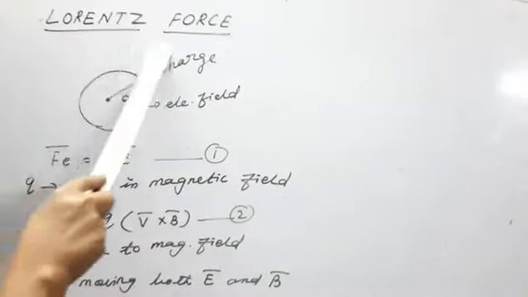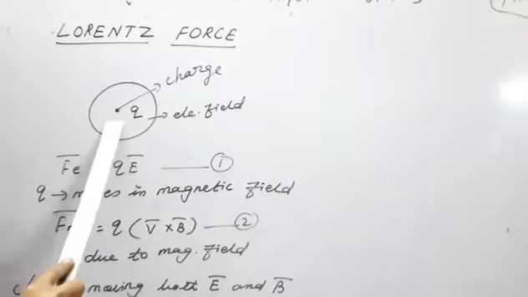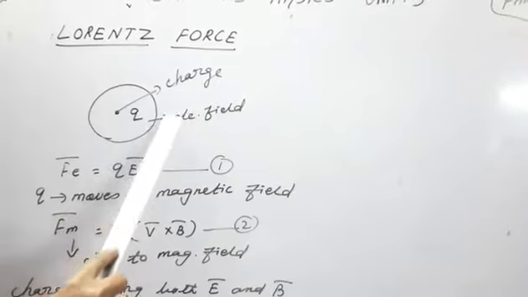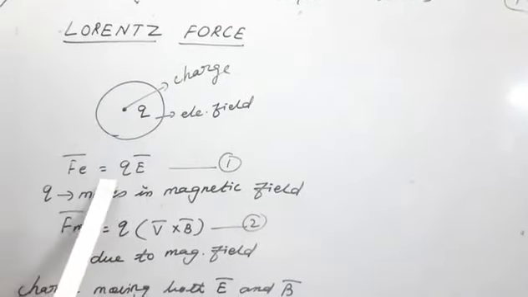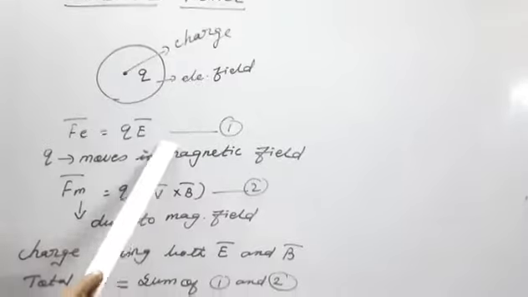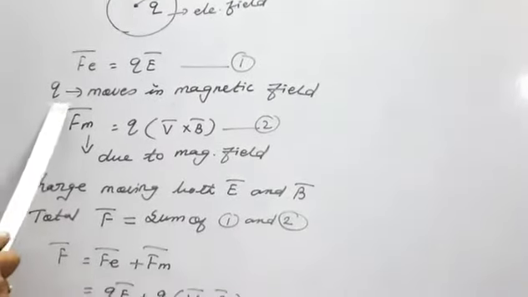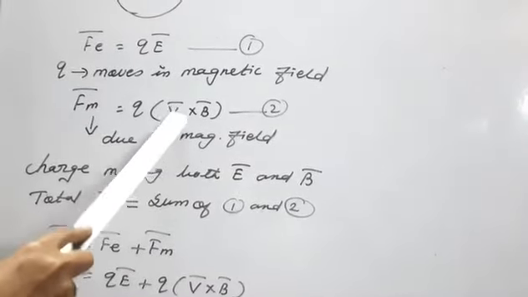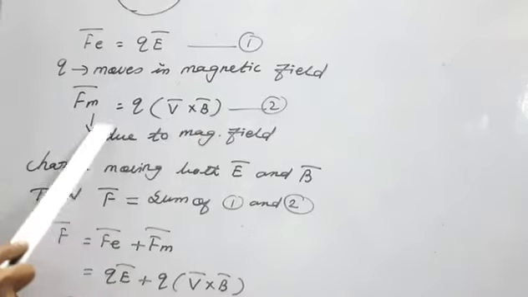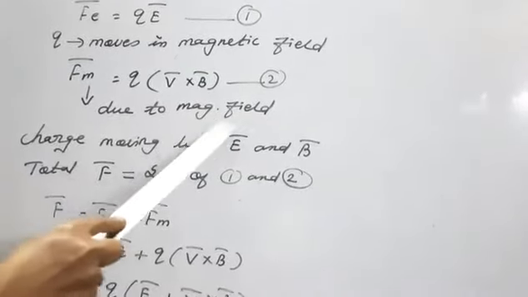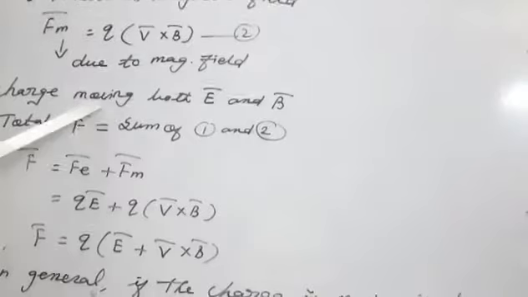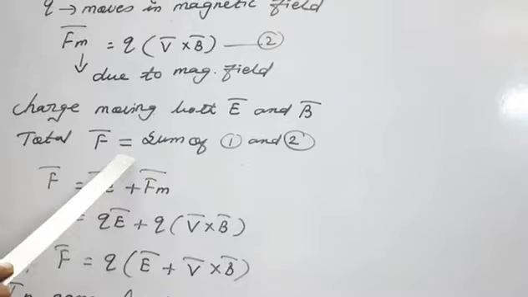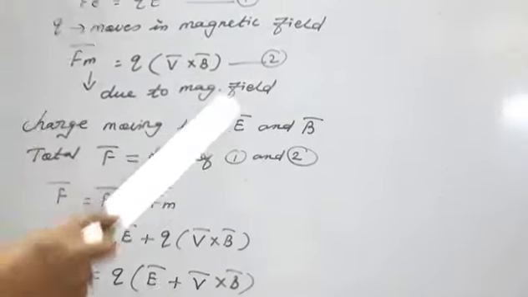The next topic is Lorentz force. Suppose a charge q is in an electric field; the force experienced is Fe vector equals q into E vector. If the charge q is in a magnetic field, Fm vector equals q into v vector cross B vector. Here I am using the subscript m because of the magnetic field. When the charge moves in both electric and magnetic fields, the total force is the sum of these two forces.